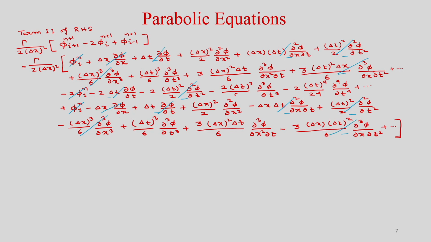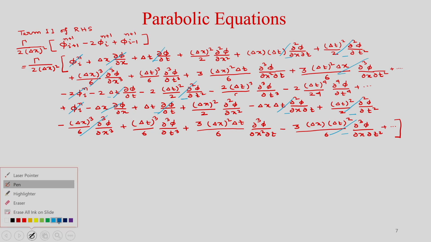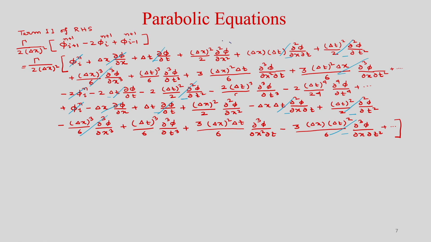Okay, then what are the remaining terms, let us see. So the remaining terms are this one, this. Then you have this term. Then you have ∂x² ∂²φ/∂x².